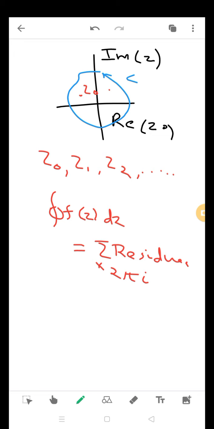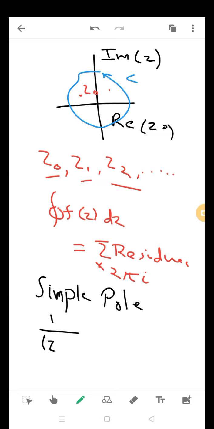Now these poles can be classified into two categories. One is a simple pole, another one is not a simple pole. Simple pole means say you have a function 1 by (z minus 1). That means it is a singular point at z equal to 1 because at this point the function is not analytic.